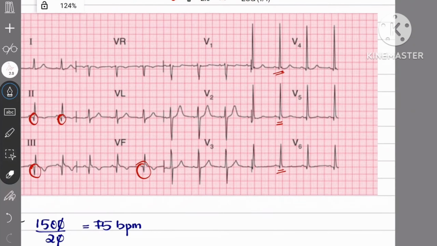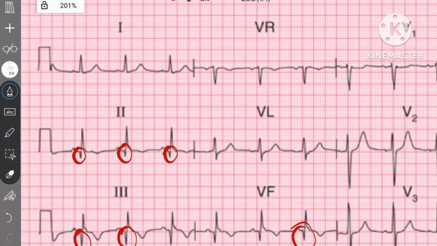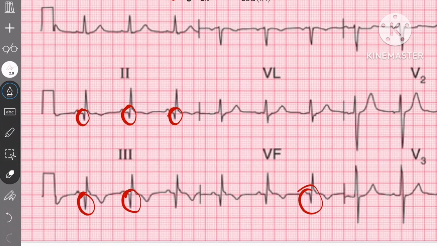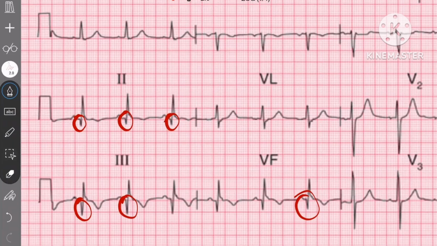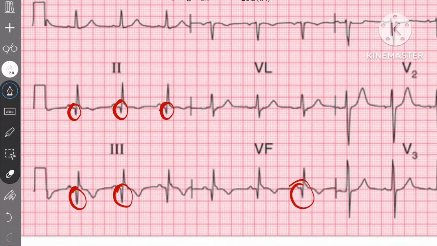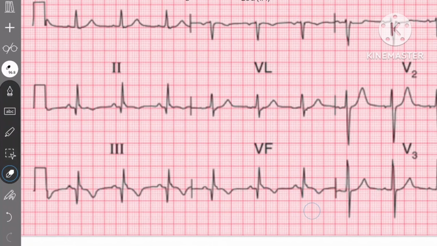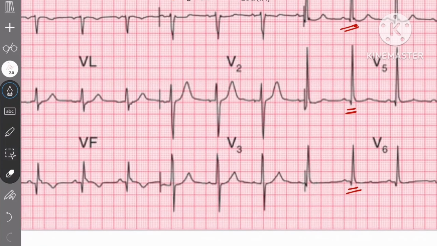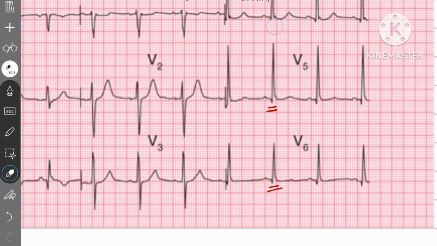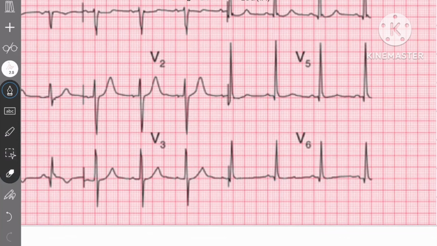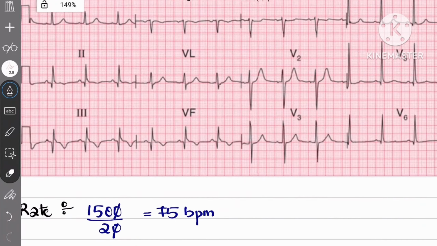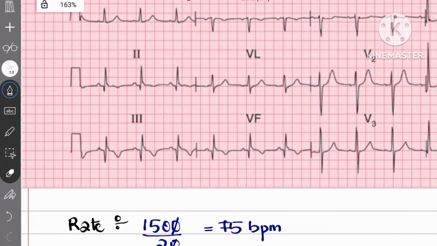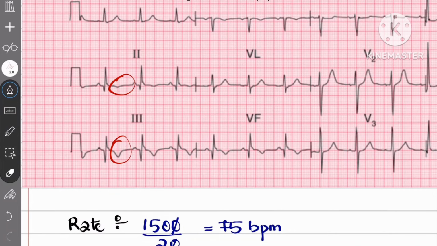ST segments, any changes? The ST segment is normal with no elevation in the leads showing Q waves, that is leads 2, 3 and aVF. You can also see the T wave. There is T wave inversion in leads 2, 3 and aVF.